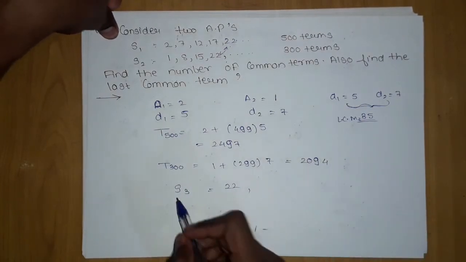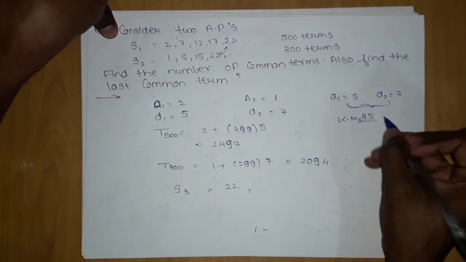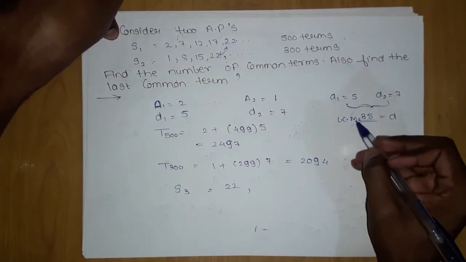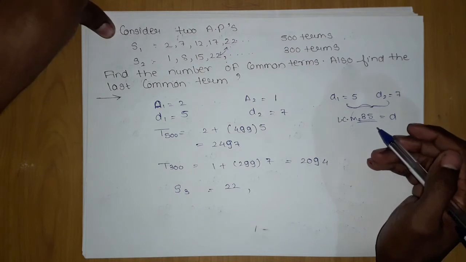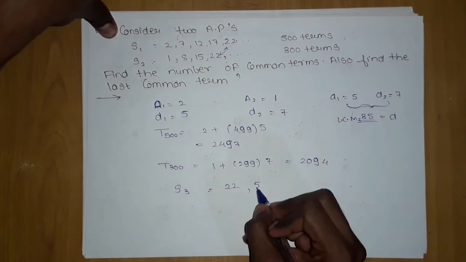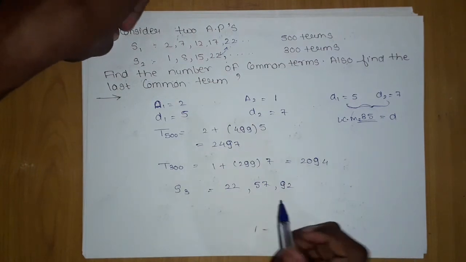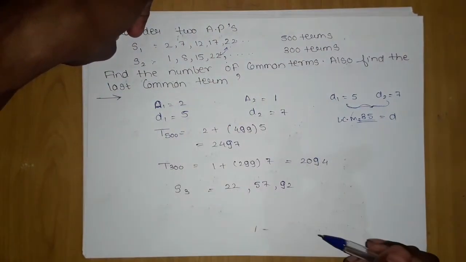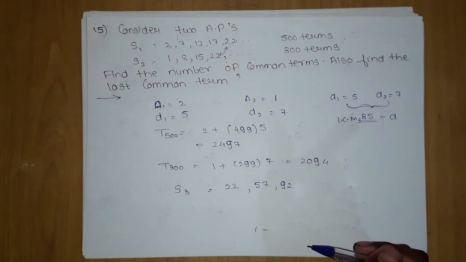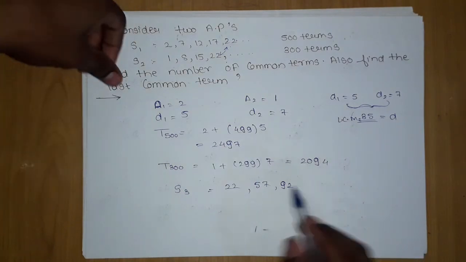Now we know that this series will have the LCM of these two as its D, so we will have 22, 57, and then 92. Now we got the series of common terms.